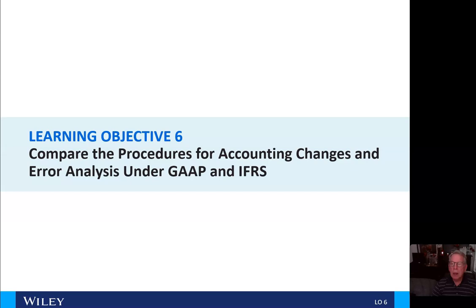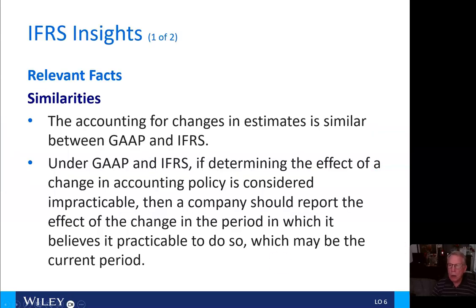Okay, let's take a look at the differences between GAAP and IFRS for accounting changes and error analysis. Here, the similarities: the accounting for changes in estimates is similar between GAAP and IFRS.